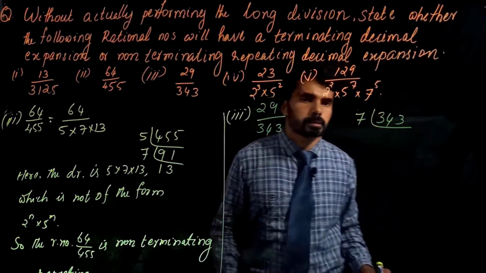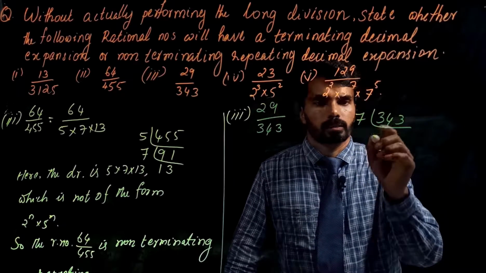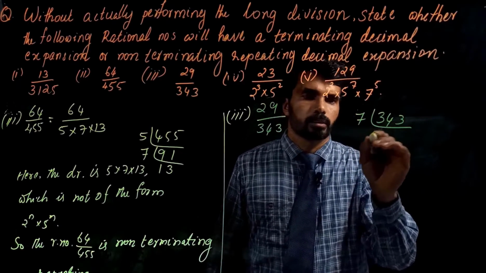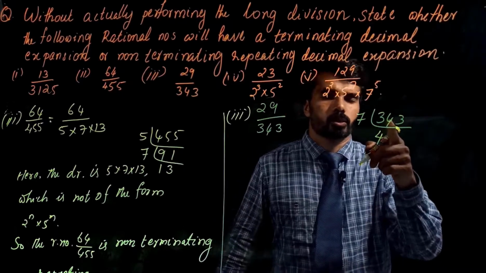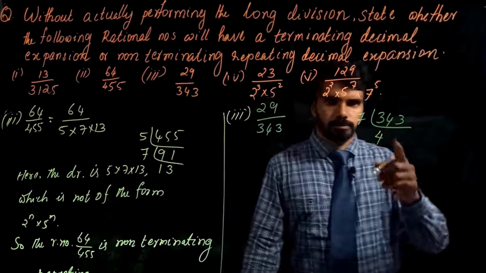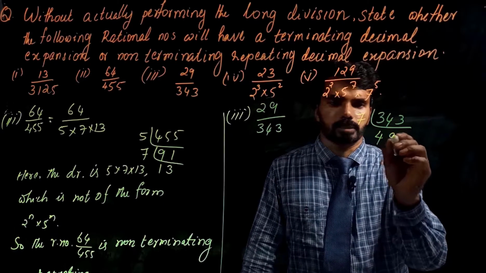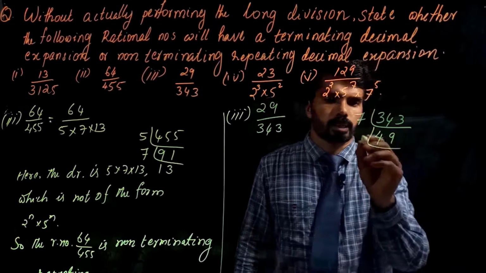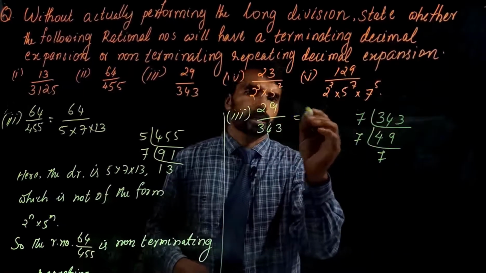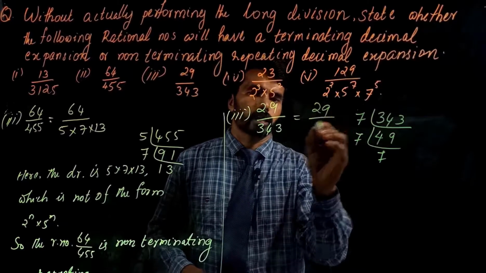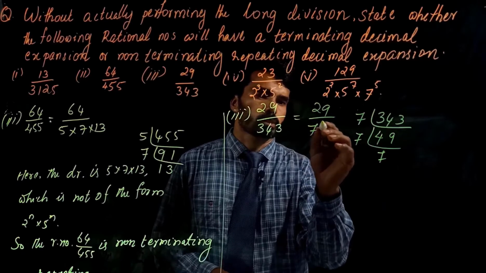In 34, 7 goes 4 times, 4 sevens are 28. So remainder 6; in 63, 9 times. Again by 7, in 49, 7 times. So it can be written as 29 divided by 343 is 7 into 7 into 7, so 7 cubed.